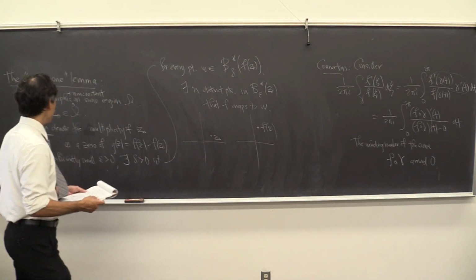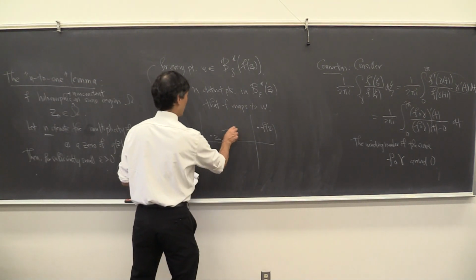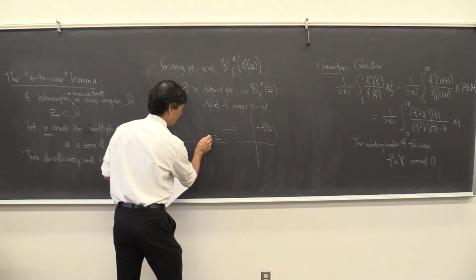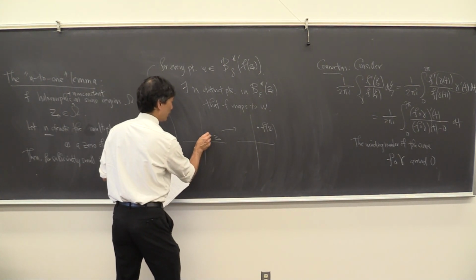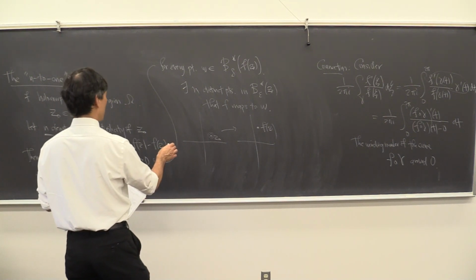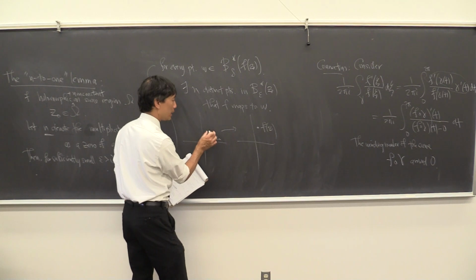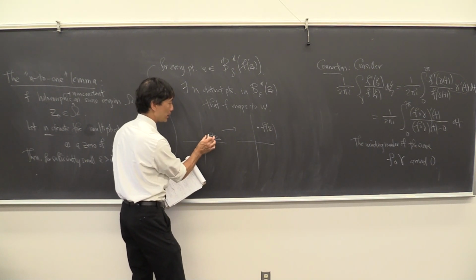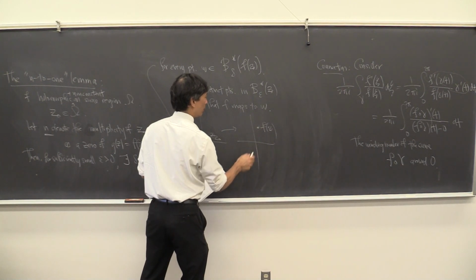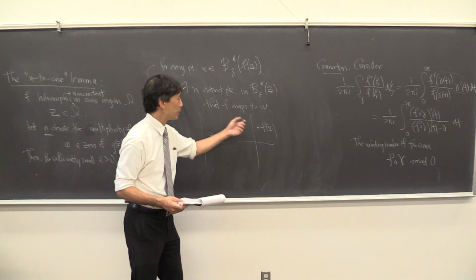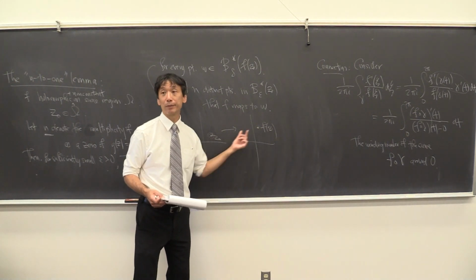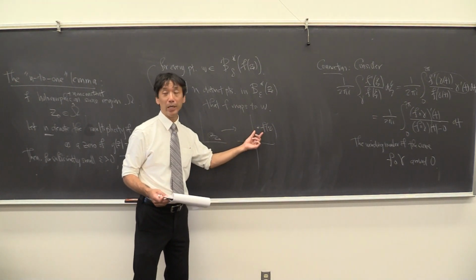What this is saying is that if the order of the zero of the shifted function is n, then for any sufficiently small epsilon neighborhood of z naught, there is a delta neighborhood over here that gets a punctured delta neighborhood over here that f covers n times. So f will cover that neighborhood n times.